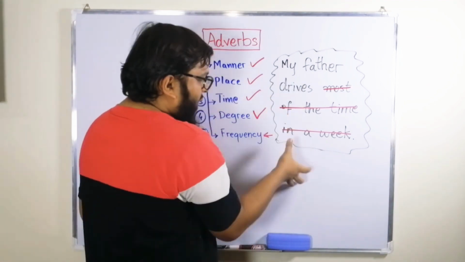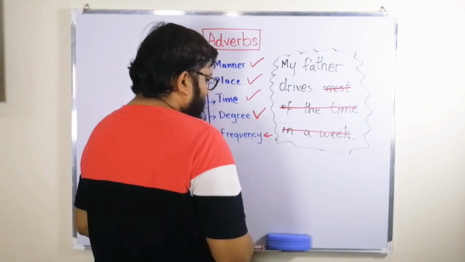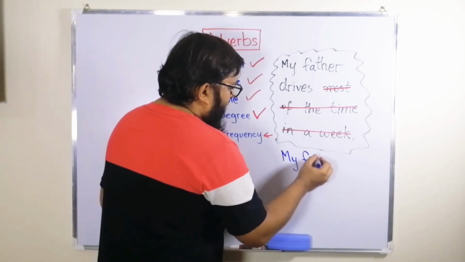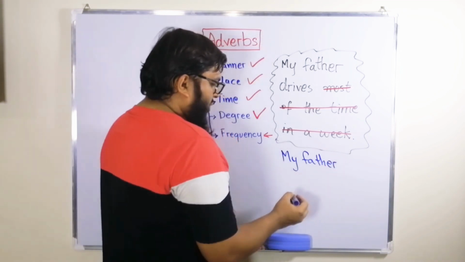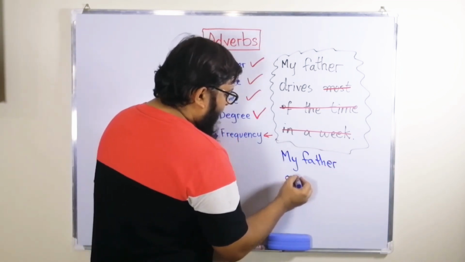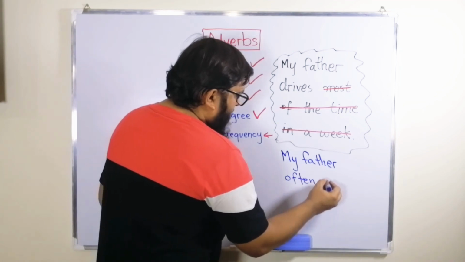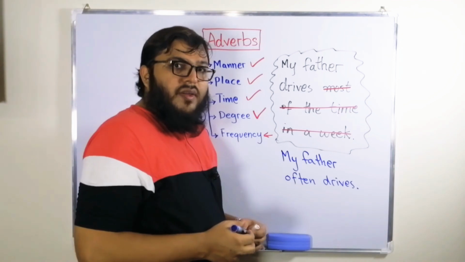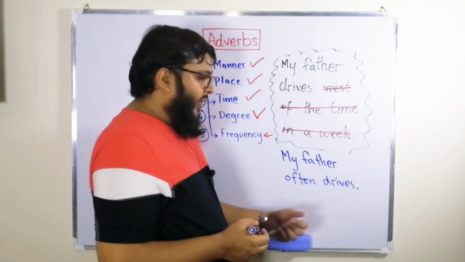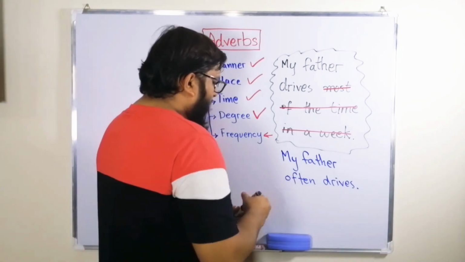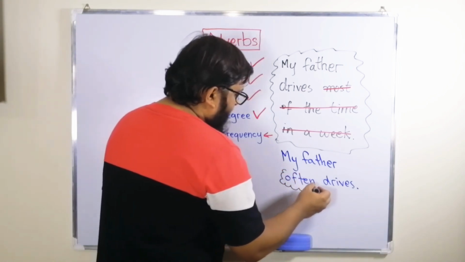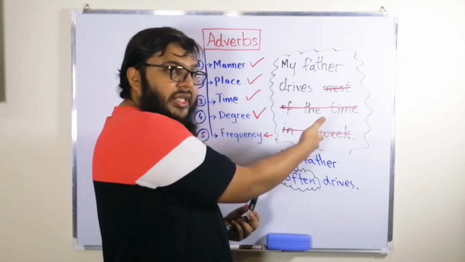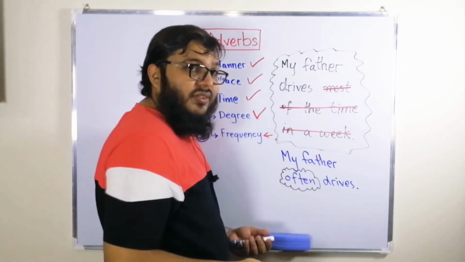I can rewrite this sentence here, and I would say, my father often drives. My father often drives. So the word often is actually giving you the whole of this meaning that you have just cancelled in the sentence.